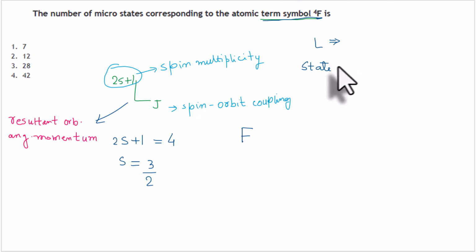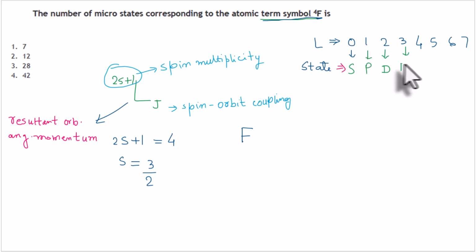The L values go 0, 1, 2, 3, 4, 5, 6, 7, and the corresponding state symbols are S for 0, P for 1, D for 2, F for 3, G for 4, H for 5, I for 6, and K for 7.